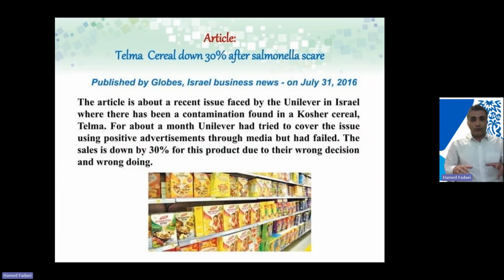And here I prefer to talk about one article. It happened: 30% cereal down in Israel. This article is about a recent issue faced by Unilever in Israel, where they reduced cereal by 30% and had some trouble with that.